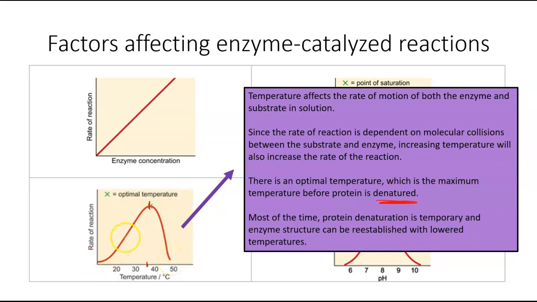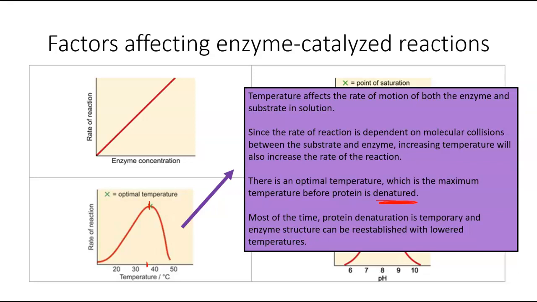Our collisions are increasing to a point where we get an optimum temperature, which is maximizing the efficiency of those collisions, leading to optimum. But then after that, it's a very steep slope. We no longer can keep our enzyme in the proper shape, and so it denatures and it renders our enzymes completely useless, right?